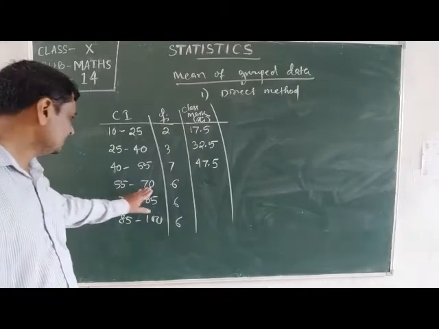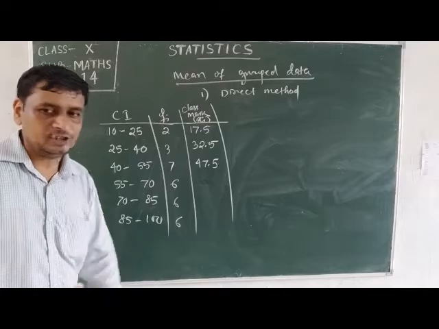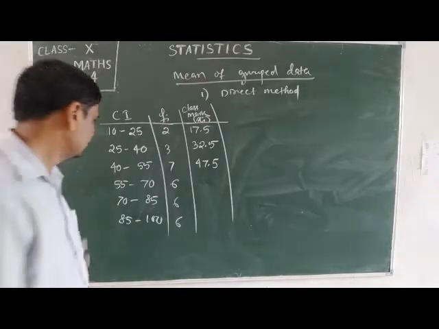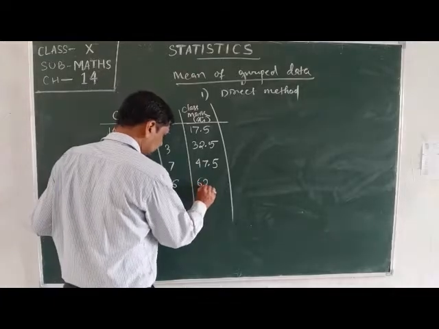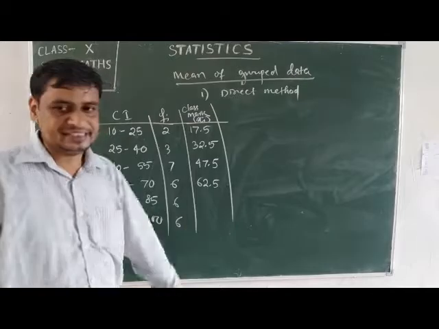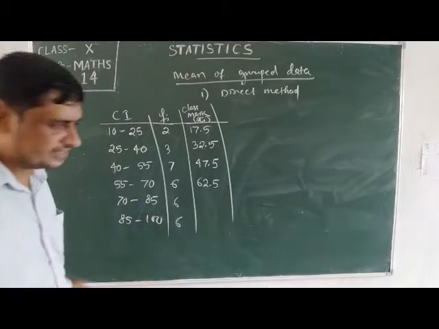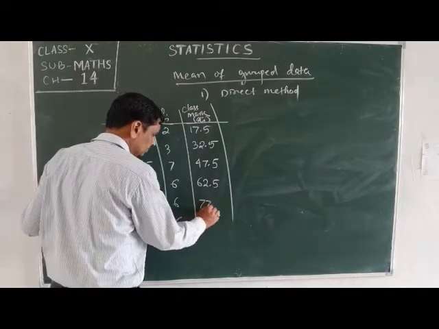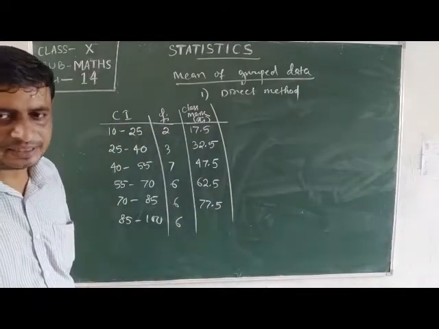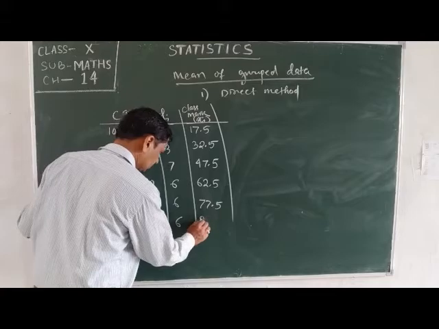Next, 55 and 70, the sum is 125, 125 by 2, that is 62.5. Between 70 and 85, the class mark is 77.5. Between 85 and 100, the class mark is 92.5.